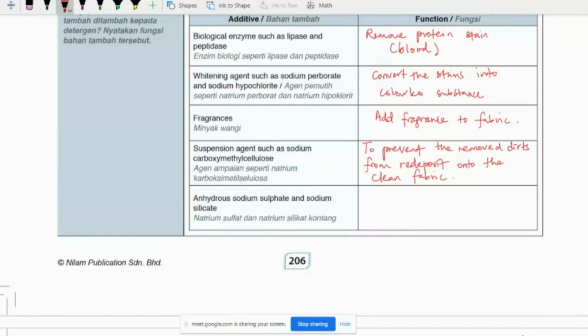We don't want the removed dirt to redeposit onto the clean fabric. So this is the suspension agent such as sodium carboxyl methyl cellulose.